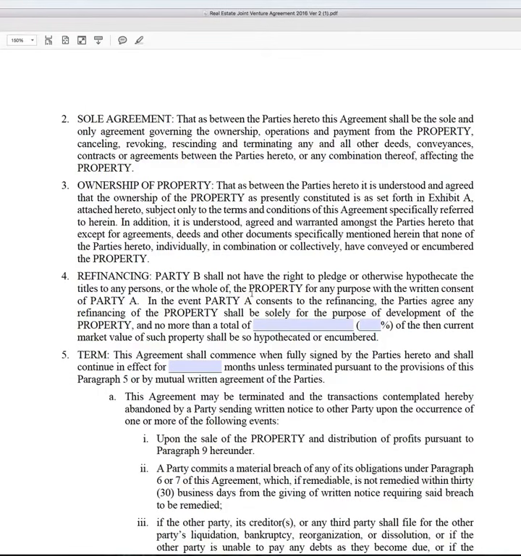Then are you going to allow the investor to refi out the private lender? Are you going to allow investor to go out and obtain additional financing on the property? If you intend to allow this, then put in the amount of the money that they're entitled to go out and borrow against the property.